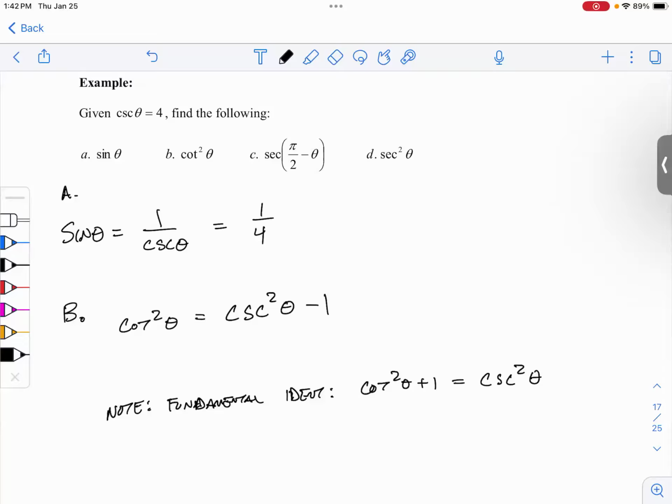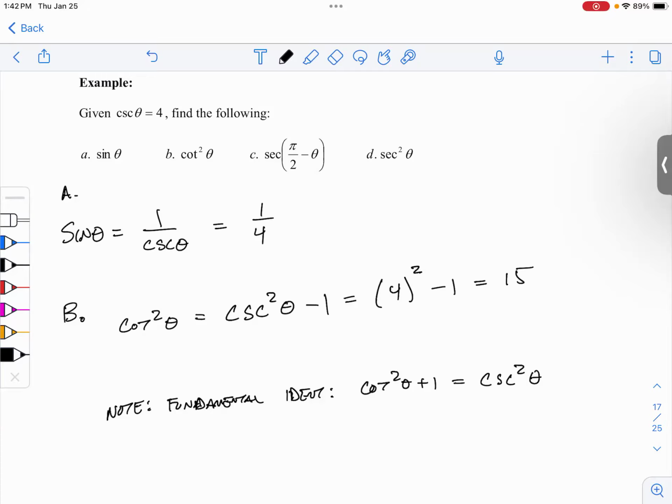So adjusting the fundamental identity by just bringing the 1 to the other side, I can rewrite it for what the question was asking for. And I was given cosecant theta, which means I had 4 squared minus 1, which means cotangent theta squared is just 15.